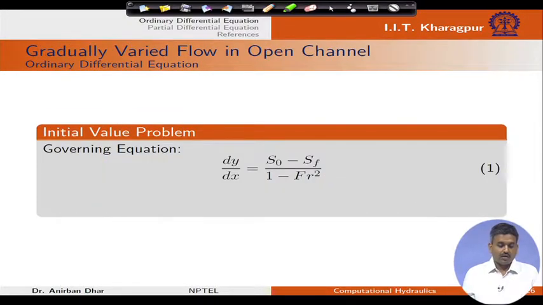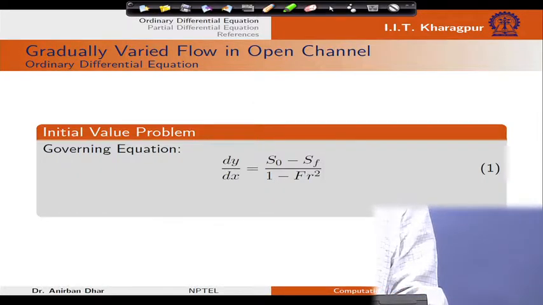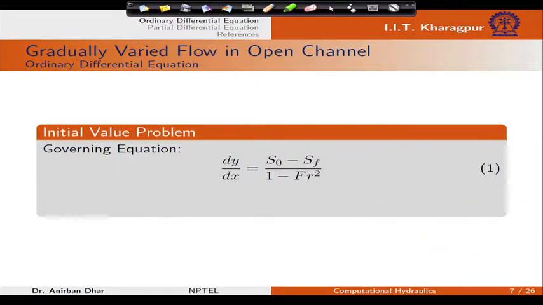So, let us talk about this initial value problem. One simple example is gradually varied flow in an open channel. The governing equation is represented like this: y is the depth of flow, x is the longitudinal direction, S naught is the bed slope, SF is the friction slope, and 1 minus Fr square, where Fr is the Froude number.